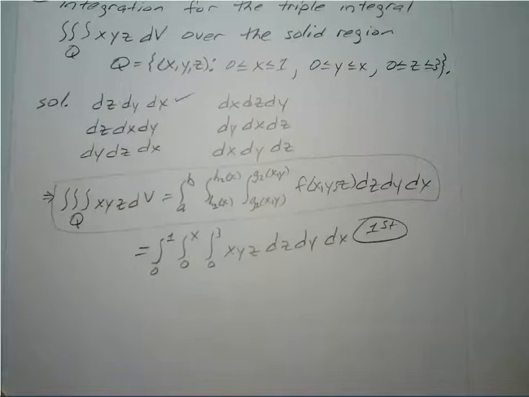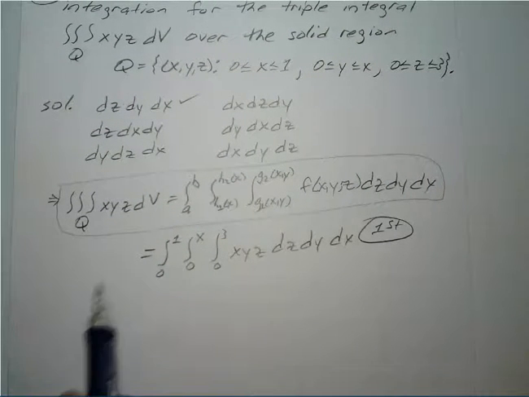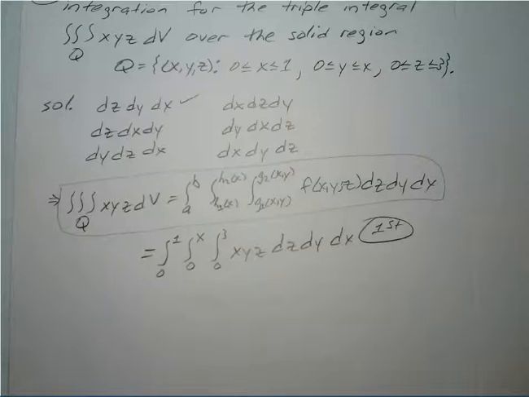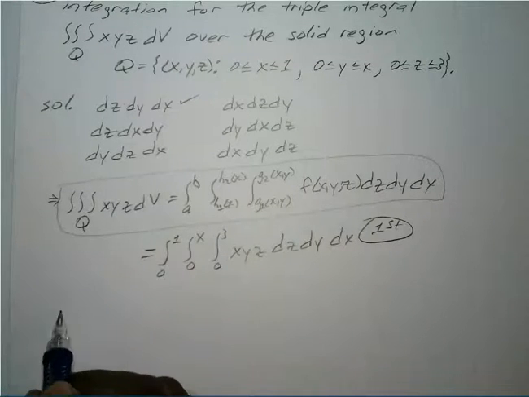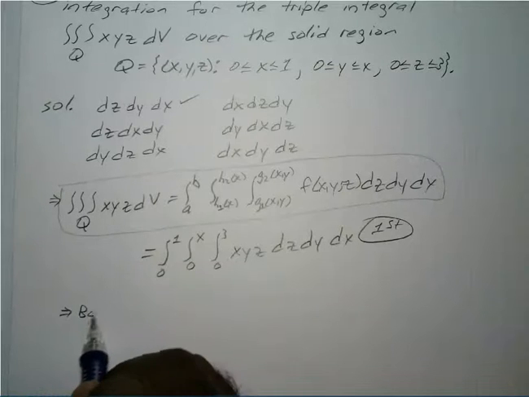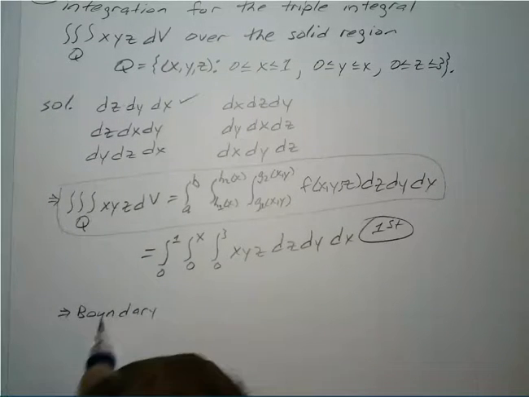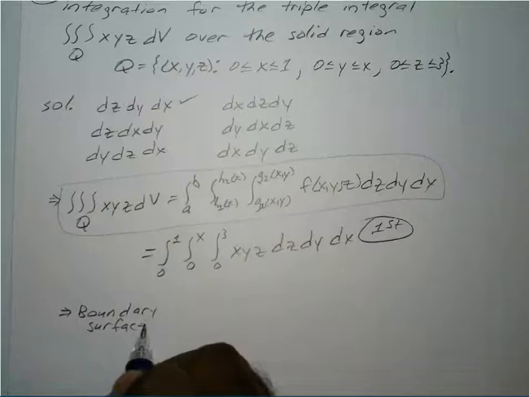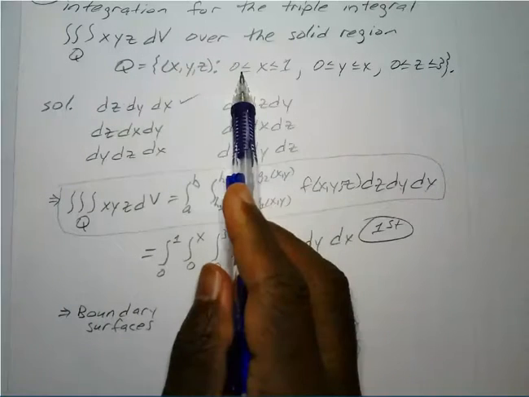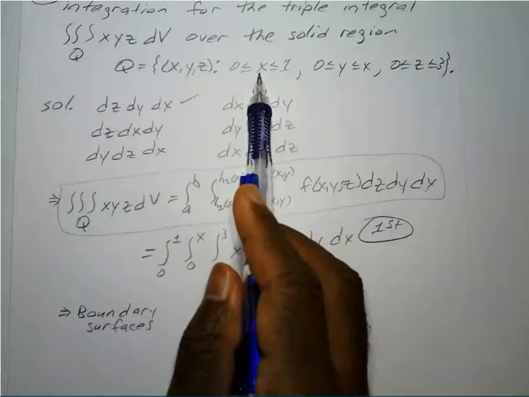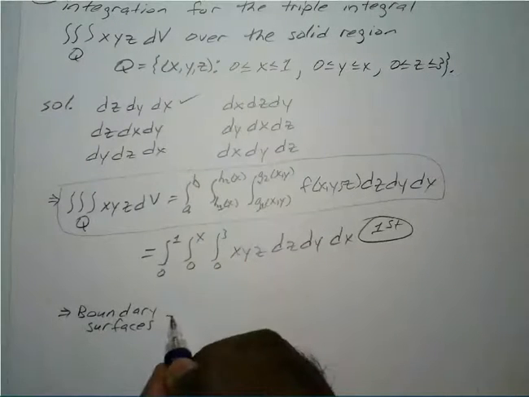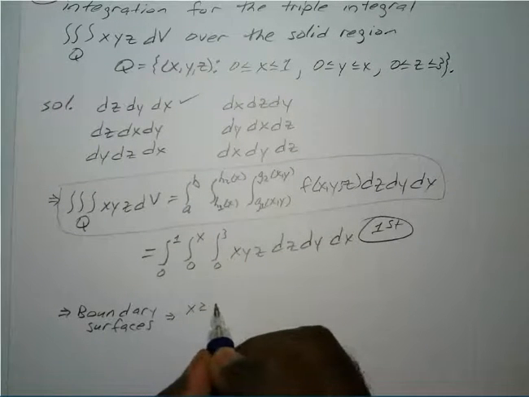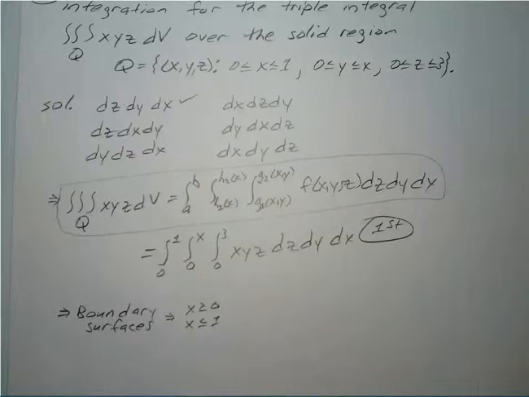Now we're going to create our second order of integration. And really, this is just a matter of seeing what you have and how you can manipulate it around. So if we look at the boundary surfaces, we see here that x is greater than or equal to 0, x less than or equal to 1.